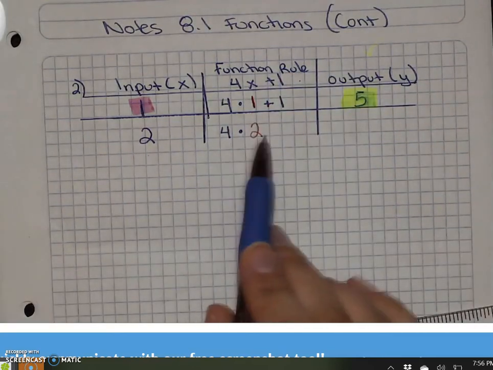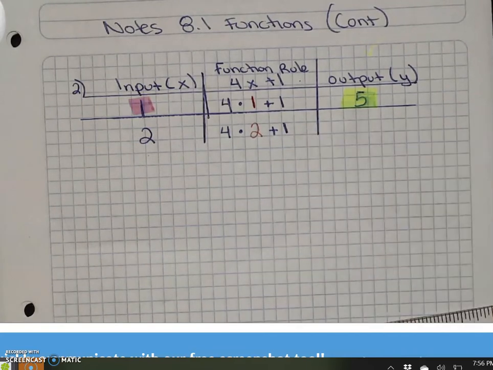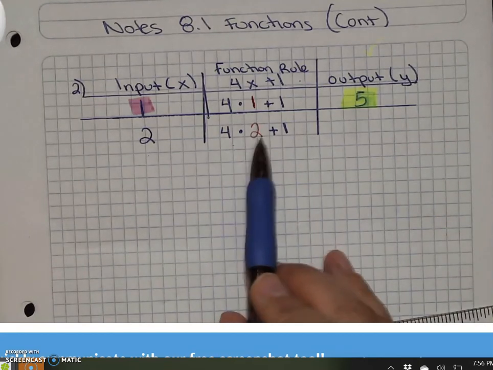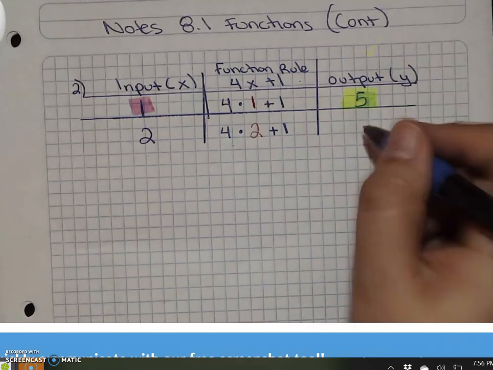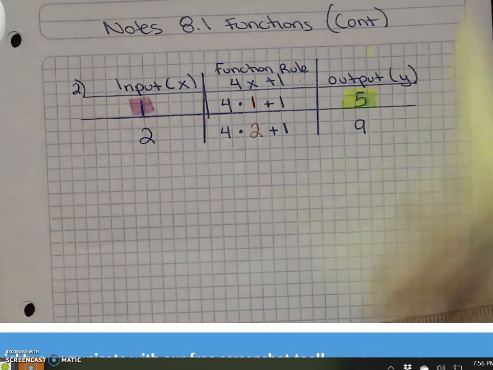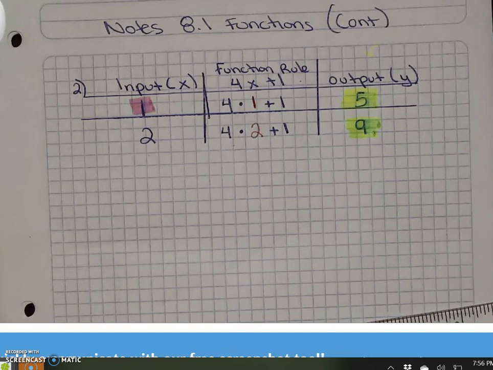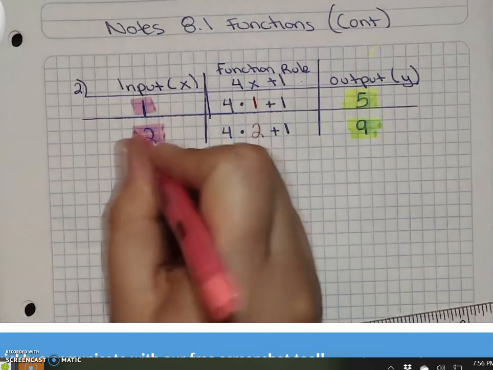We have 4 times 2, and I bring down my plus 1. Now let's solve this. 4 times 2 is 8. Then we have plus 1. 8 plus 1 is 9. So I'm going to put mine here, using my highlighters, and I'm going to need this information later on.